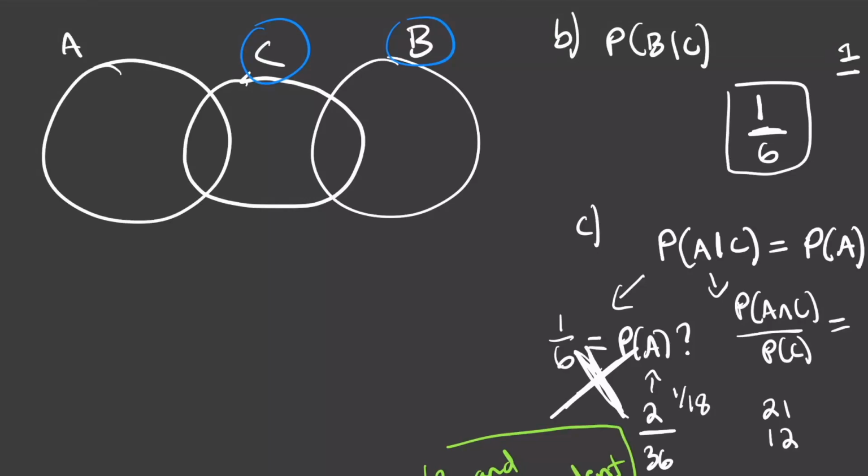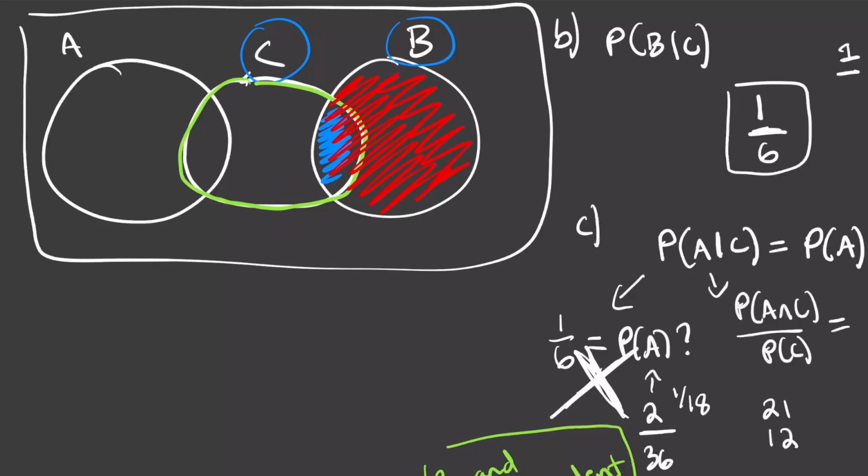So what does that actually mean visually? So we're saying the probability of B given C, which is going to be this blue part divided by the sum of this green part, well, we're saying that's equal to the probability of B, which is just the entirety of the B circle divided by the magnitude of the entire probability space we can draw as this box. So in our case, the magnitude of the whole probability space was 36, right? There's 36 ways to roll 2 dice. And there's 6 ways that these dice could sum to 7, so the magnitude of this red area was 6.